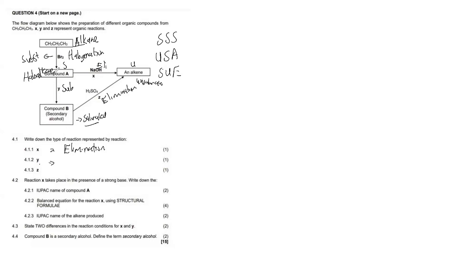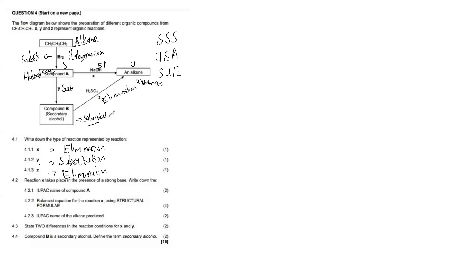Then Y, we are moving from a saturated compound to a saturated compound. That means this is a substitution reaction. Then Z, look at the arrows from the alcohol all the way to an alkene, from saturated to unsaturated, right? That one is elimination as well. So make sure that you understand the terms.